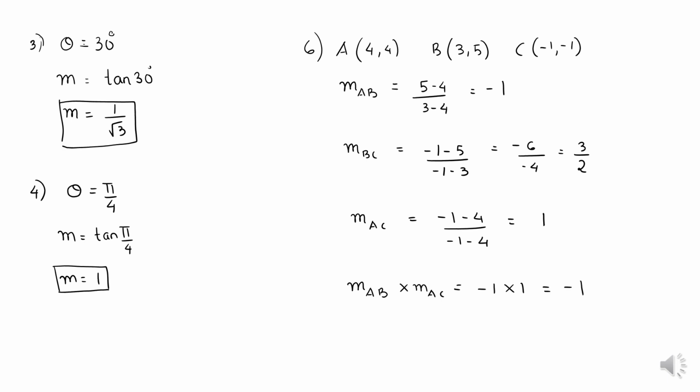That is, I can easily say that AB and AC are perpendicular to each other, and hence triangle ABC is a right angled triangle. Since it was clearly mentioned without using Pythagoras theorem, you have to apply slope and get the answer. Understood? Yes? Any doubts?